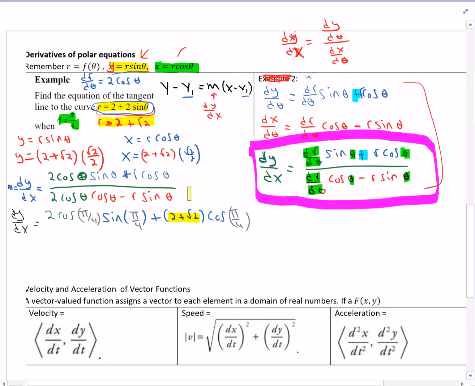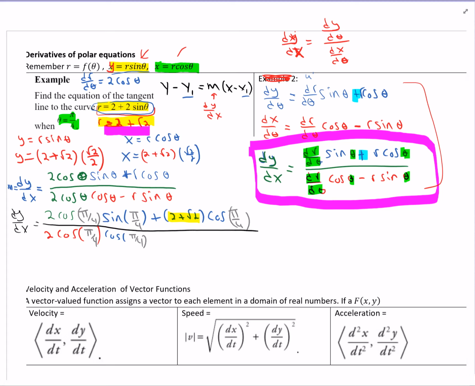Right, this 2 plus root 2 just came from what we found previously up here. And then this whole thing is divided by the bottom, which is dr/d theta again, which is 2 cosine of pi over 4 times cosine of pi over 4. We could just do cosine squared. And this is the one that is minus r, which is 2 plus root 2, sine of pi over 4.